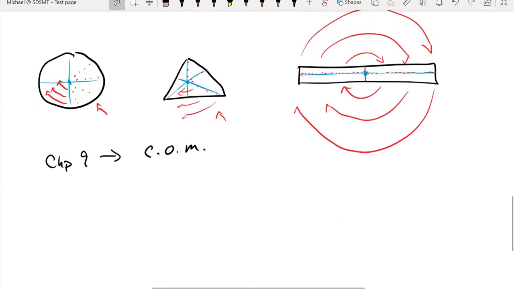And so the question becomes, even though all three of these objects have the same mass, are they all going to be as easy to rotate?